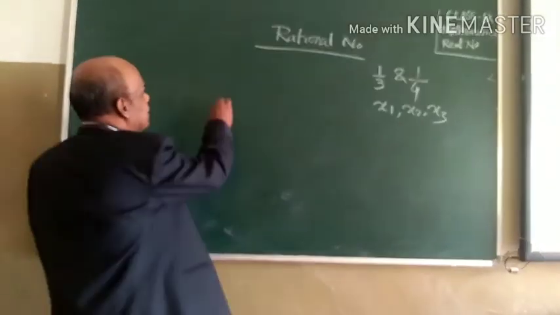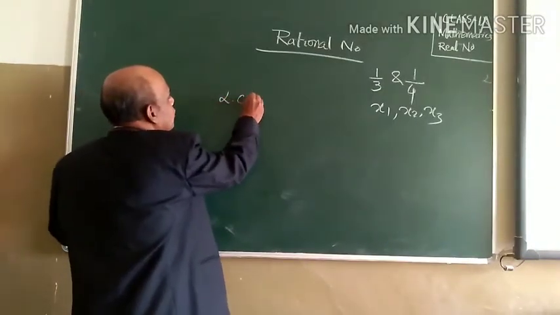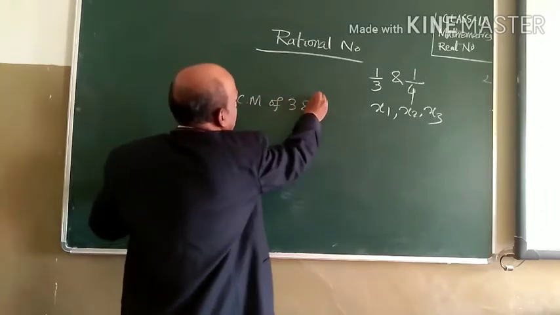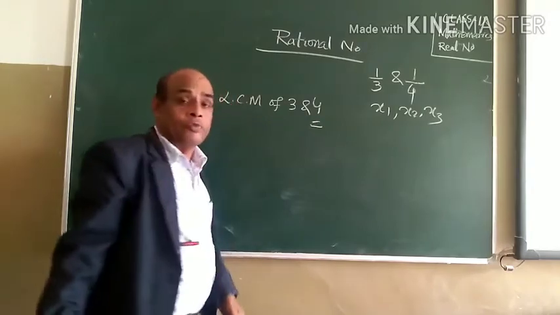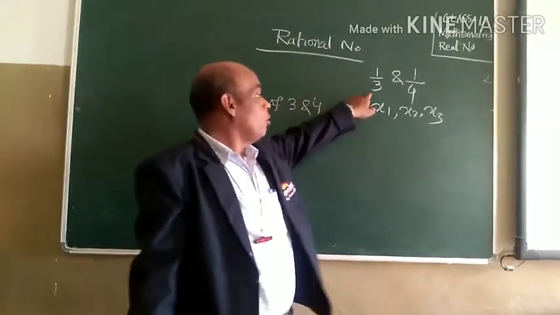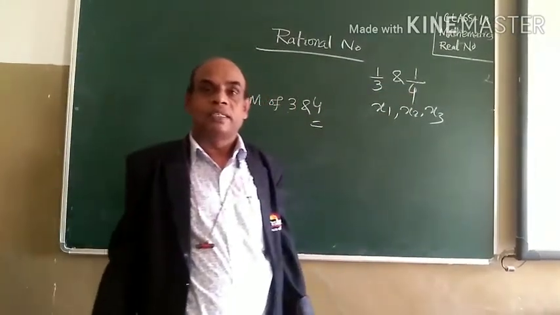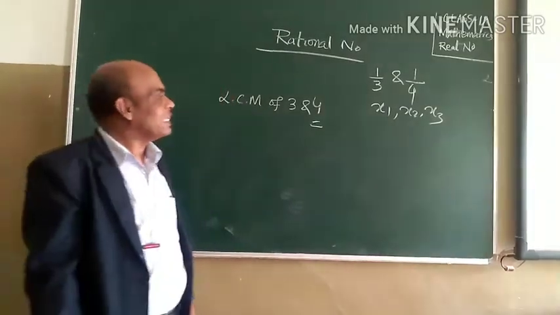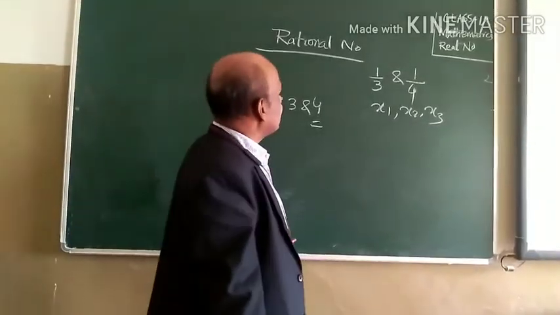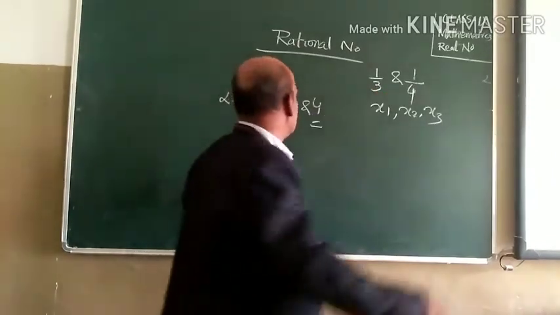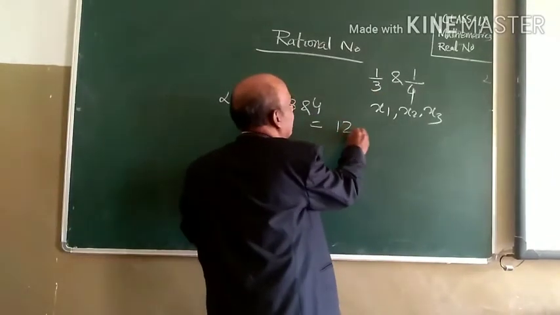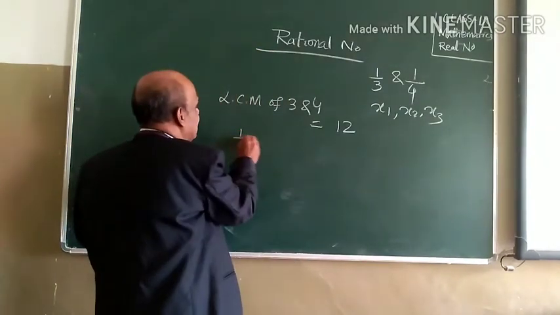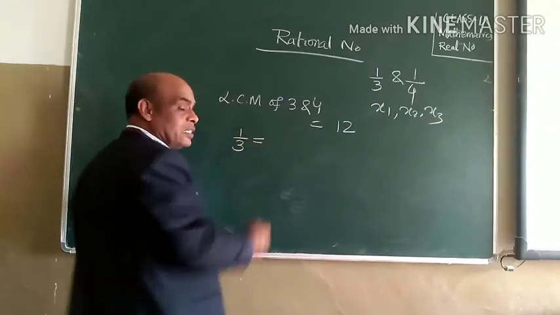So I will write the LCM of 3 and 4. Remember, whenever denominators are different, then we take the LCM. So the LCM of 3 and 4 is 12. Now 1 by 3, I will write what?